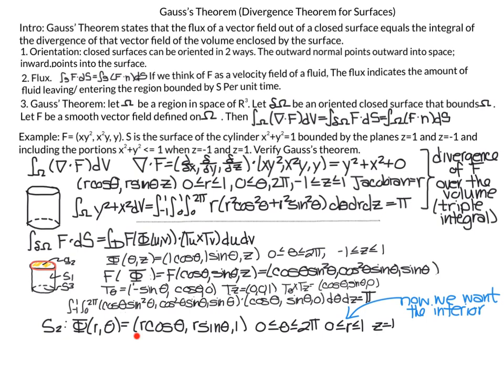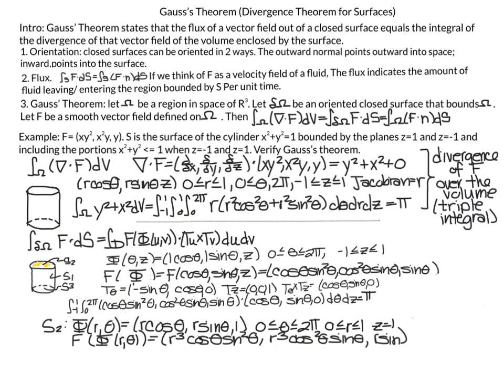And in this case, I parameterized it as the circle, r cosine theta, r sine theta, and 1, because my height of z is equal to 1, where theta goes between 0 and 2 pi, r goes between 0 and 1, and now we do actually want the interior, because here you can see we want the entire disk, including the yellow part, not just the red part. So in this case, we want r to go from 0 to 1, and z, as I said, is fixed. It's at the plane z equals 1.